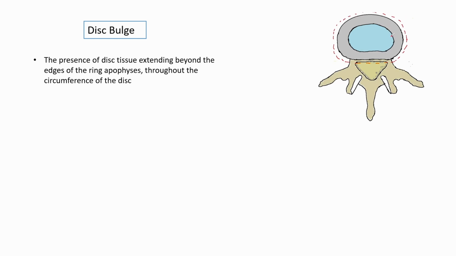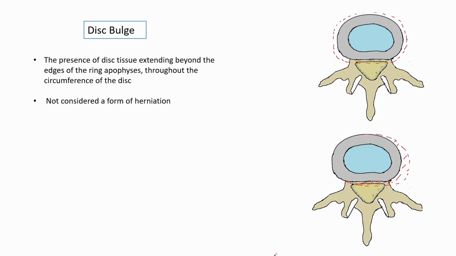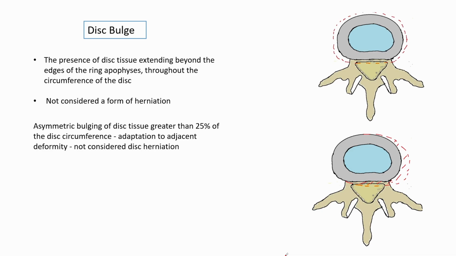If the entire circumference is involved, it is known as a disc bulge. This is not considered a form of disc herniation. If there is an asymmetric bulging of the disc which involves greater than 25% of the circumference, this is also not considered a disc herniation, as it is usually an adaptive change secondary to an adjacent deformity.